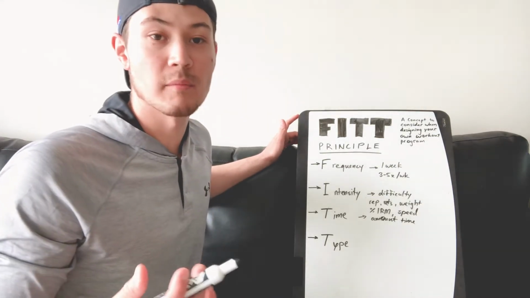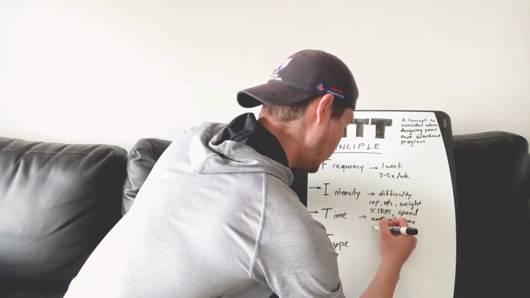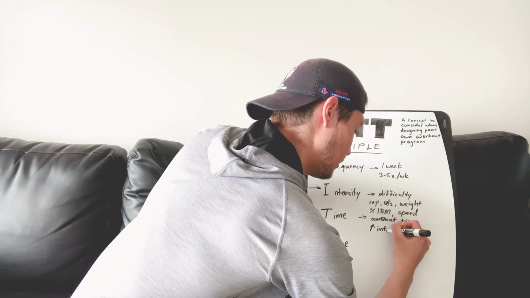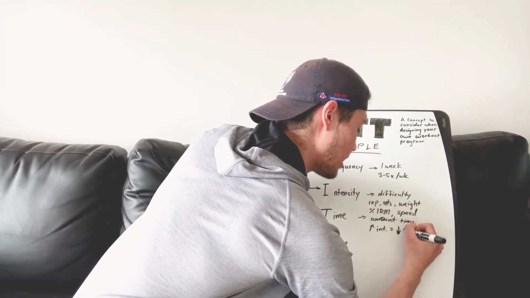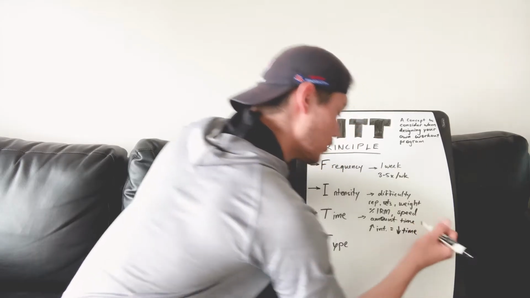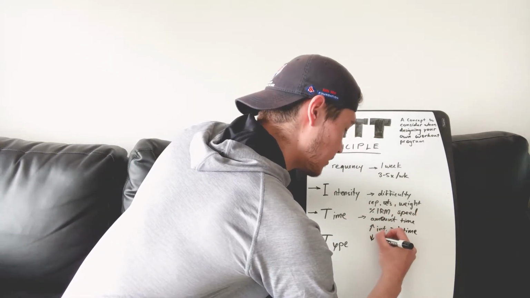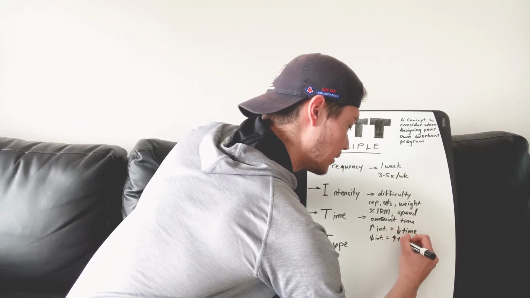The more intense something is, the less time you want to spend on it, and vice versa. So the more intense, the less time you're likely going to spend on it, depending on your fitness level. The less intense, the more time you can spend on it.